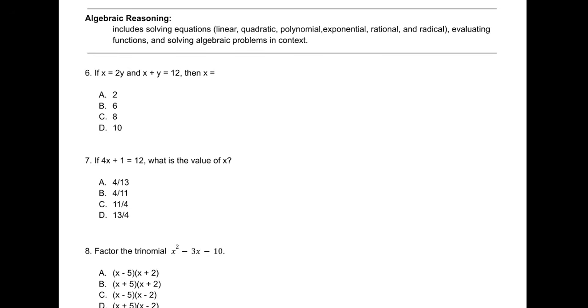Number 6 says if x equals 2y and x plus y is 12, then what is x? Well, if x is 2y, then we can substitute 2y into x and rewrite this as 2y plus y equals 12. Combining my like terms will give me 3y equals 12.